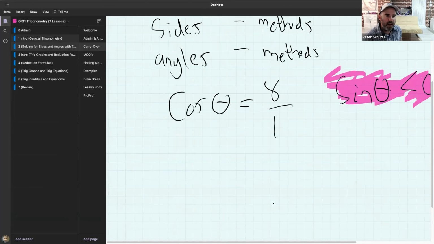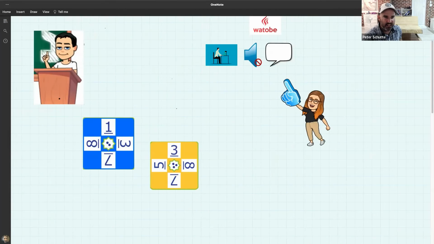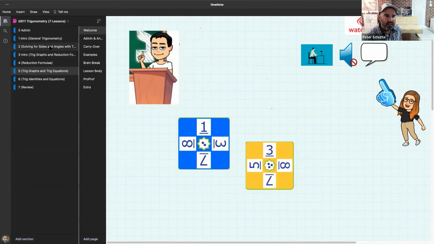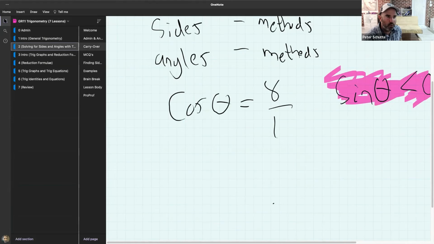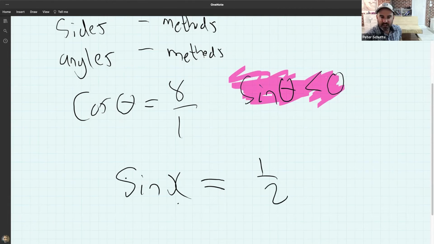If you look at my planning, general trig equations are more or less in lessons 5 and 6. Today in our lesson we did what we would call specific trig equations. If I say to you the sine of x is equal to half, that's a trig equation.